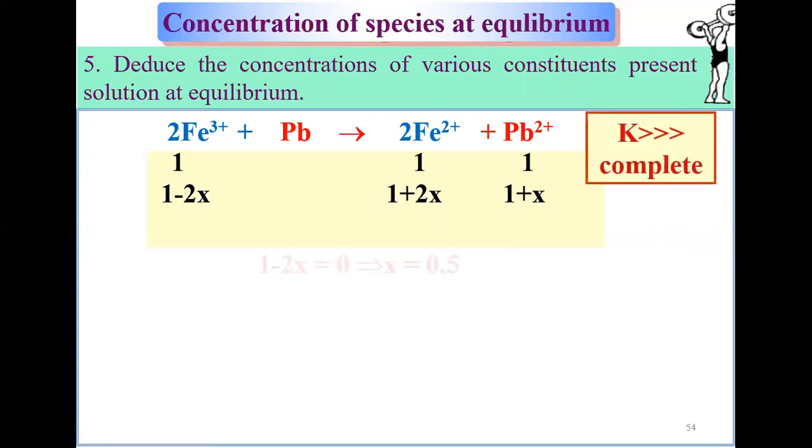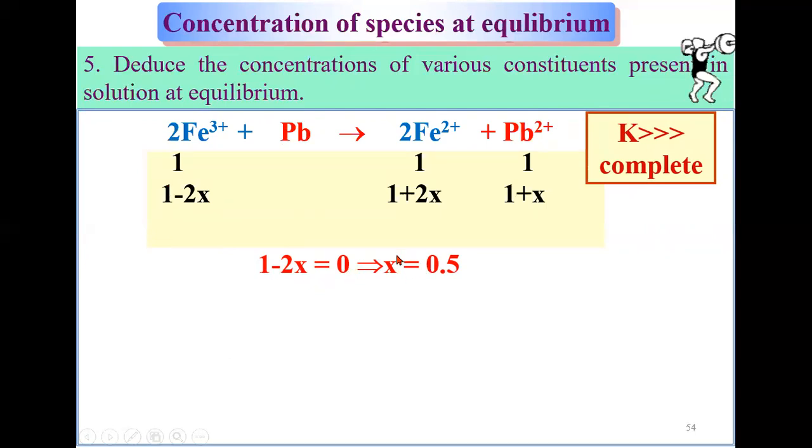But since the reaction is complete, the 1 minus 2x here, which is my only reactant that matters in the equilibrium constant since lead is a solid, will become 0 because it's a complete reaction. Solve for x. X is going to become 0.5, or take the iron concentration divided by 2. That is simply the same.